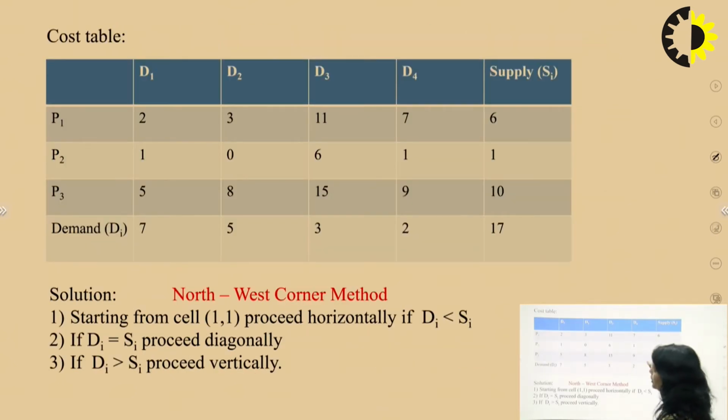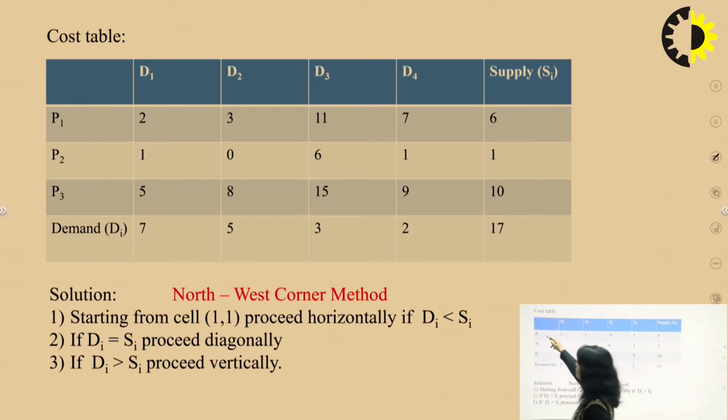So we converted this into the transportation matrix. We can see there are 4 distribution centers, D1, D2, D3 and D4, and the supply centers, plant 1, plant 2 and plant 3. This is the total supply available in million liters, 6, 1 and 10, and this is the total demand of the distribution centers, 7, 5, 3 and 2.